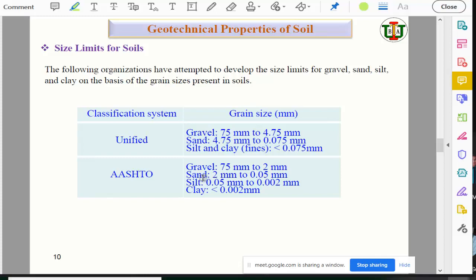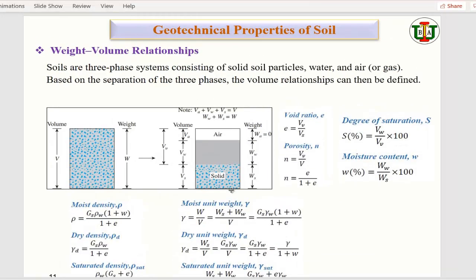Some size limitations of soils play a role, and these are important parameters that will be needed for the upcoming chapters. A clear understanding of these parameters is needed, like void ratio, porosity, and unit weight in moist, dry, or saturated conditions.